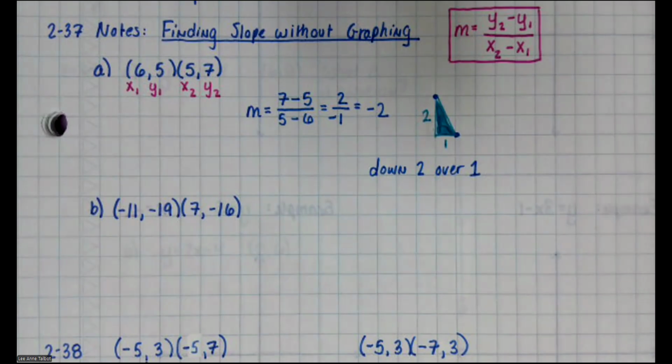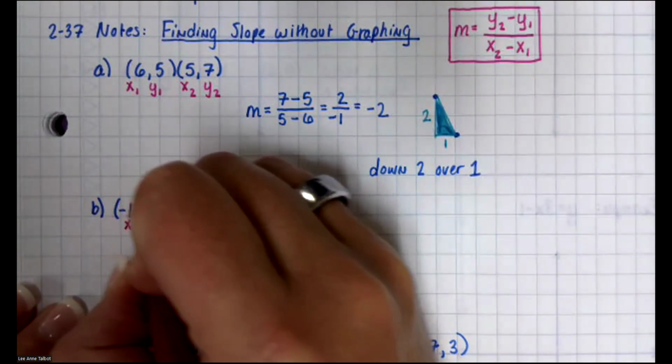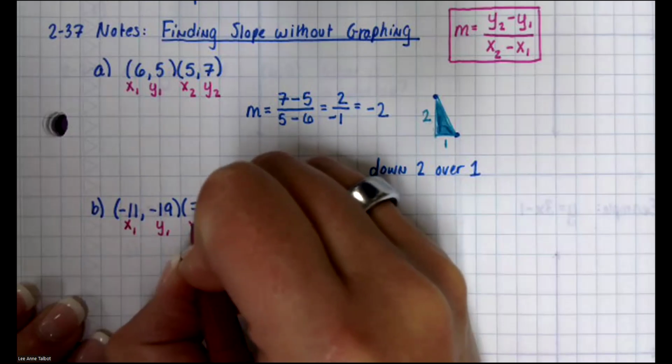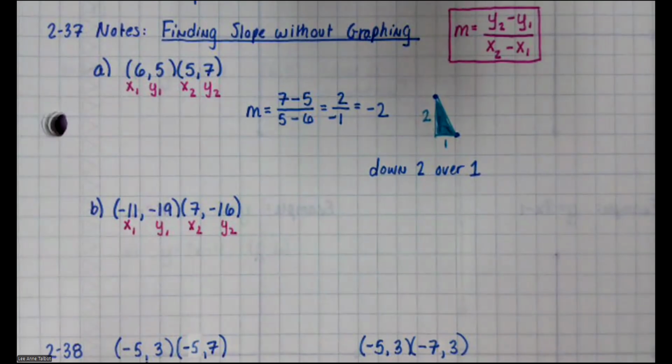Okay, now notice B. I threw in a bunch of negatives this time, so we have to be really careful with our subtraction. X1, Y1, X2, Y2.